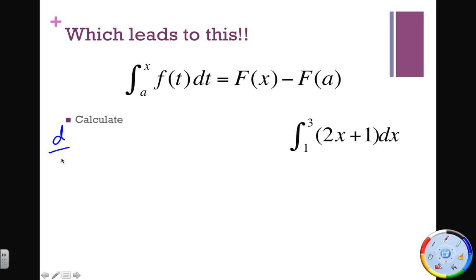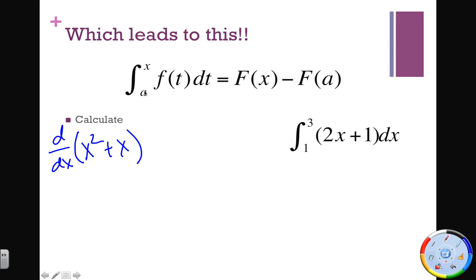Well, I know that if I took the derivative of x squared plus x, that will come out as 2x plus 1. Here you actually notice I didn't say anything about c, because the c is going to be like plus c, and you're just going to subtract them. So they actually end up going away, which is kind of nice when you're doing definite.